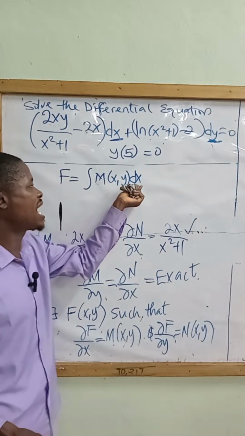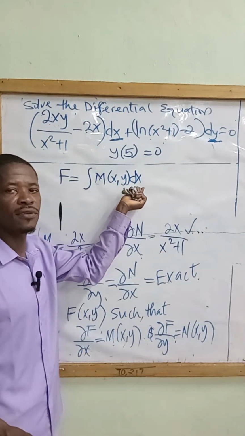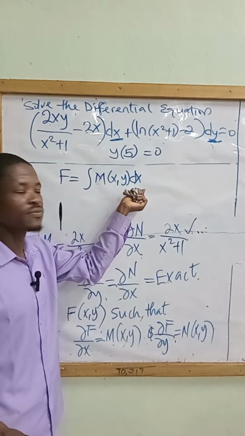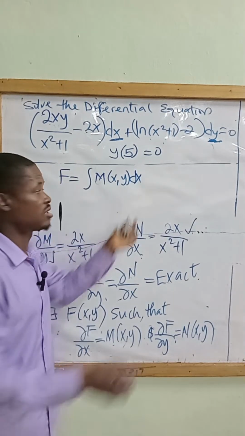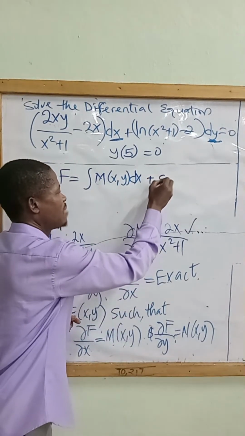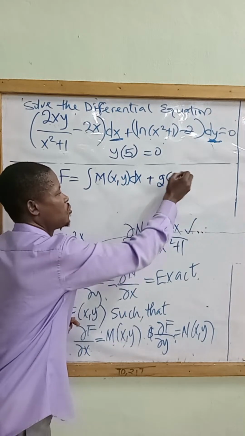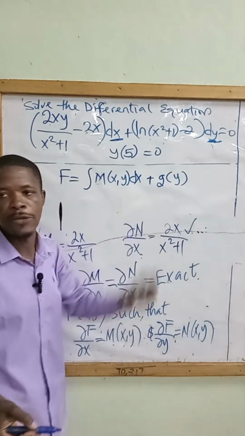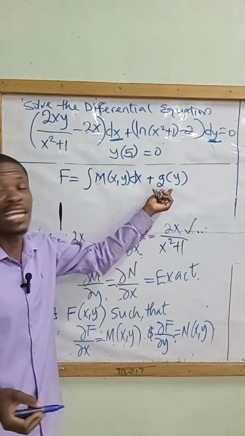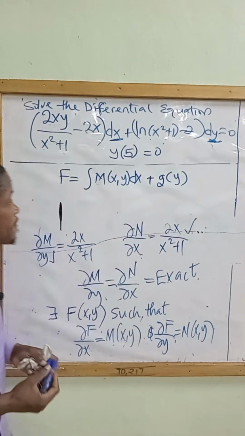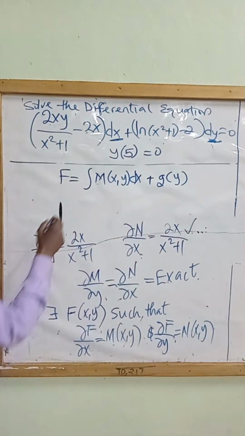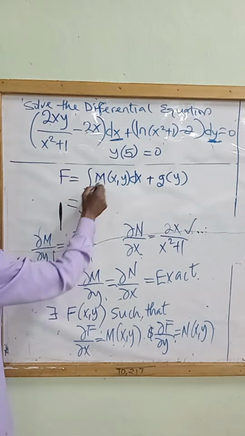And when you are integrating with respect to x, you're going to have an arbitrary constant which we call g of y. Let's make a substitution for m.